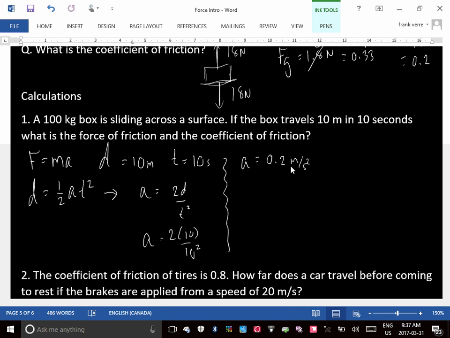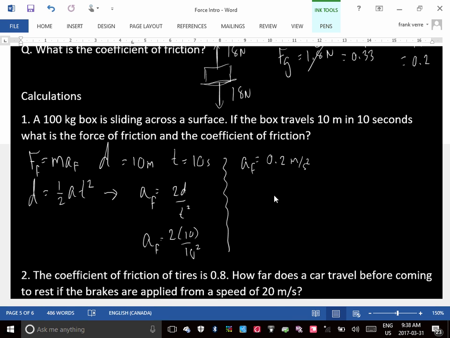So if we had to think about labels, this is the acceleration due to friction, because what are we looking for? The force due to friction. So I'm going to label it as AF. And you're right, it's pointing the opposite way of motion. Because the definition of friction is, what else would stop it?